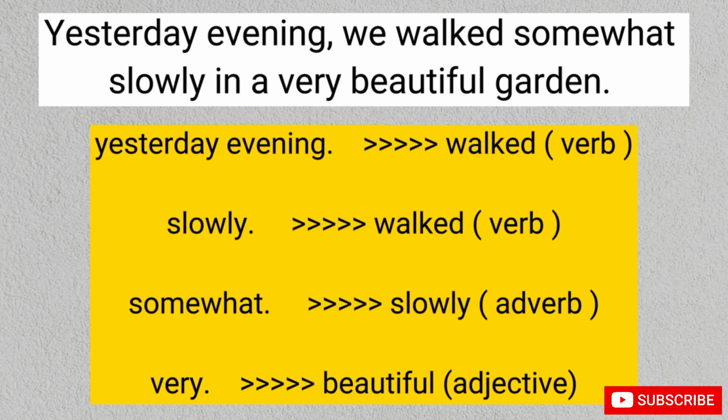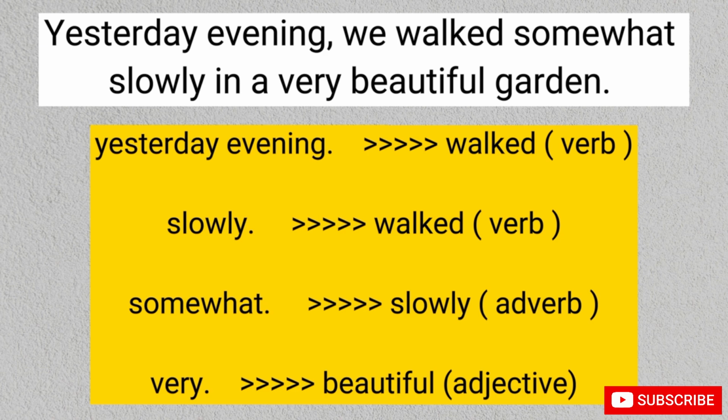So that's an adverb that gives information about another adverb. And there's yet another one, very. That adverb is giving us information about beautiful. Beautiful is an adjective. Okay? So you see all the different kinds of things that adverbs can do.